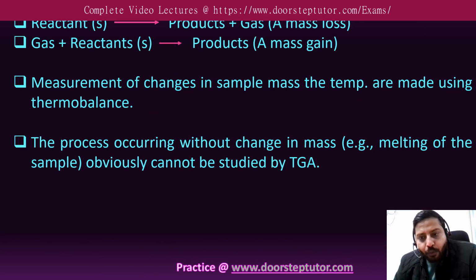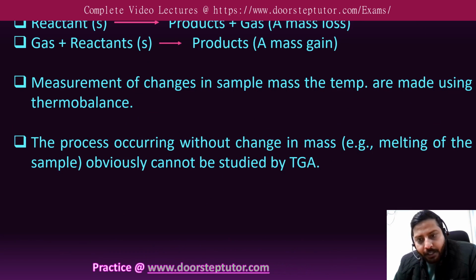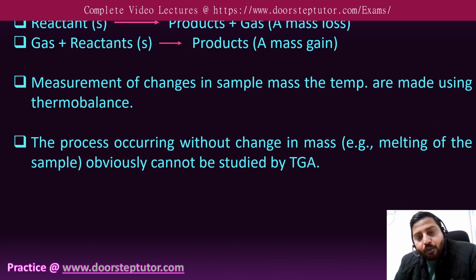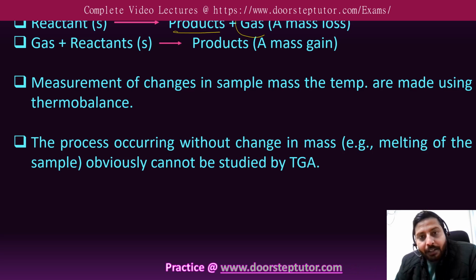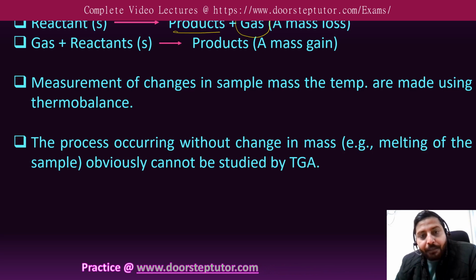How does the solid sample come about? We have a reactant molecule, and this reactant may form a product, and during the formation of the product some amount may leave as a gas. As some amount leaves as a gas, the mass of the reactant decreases during the reaction.